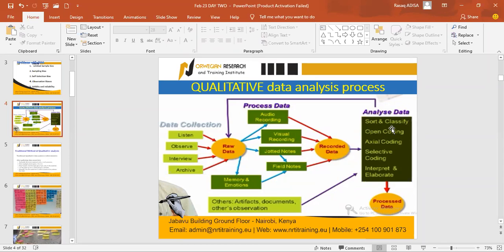And the first thing in doing the analysis is to sort and classify the data. That is, you have different informants, different participants, or different respondents. So if there are 20, the sorting out and classifying the data means you're supposed to separate each of the answers from each person, then name it in the way you want to recognize each of the participants.